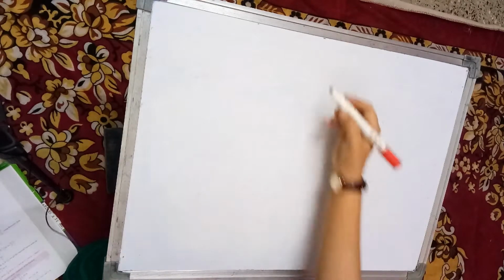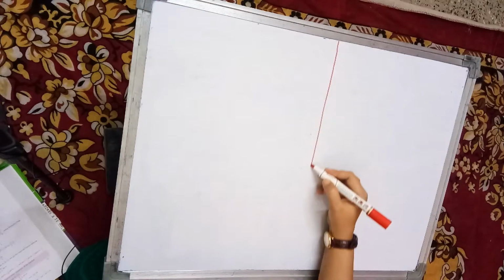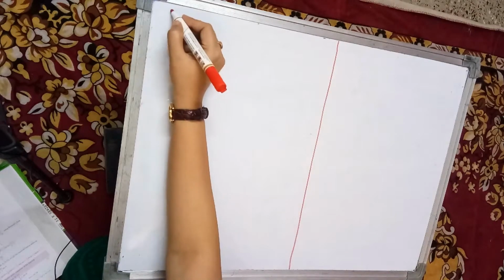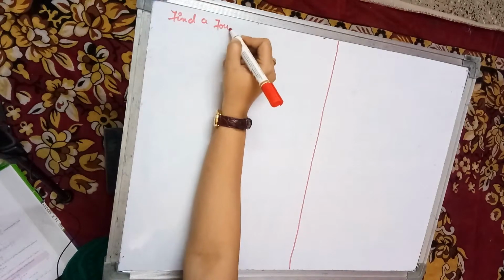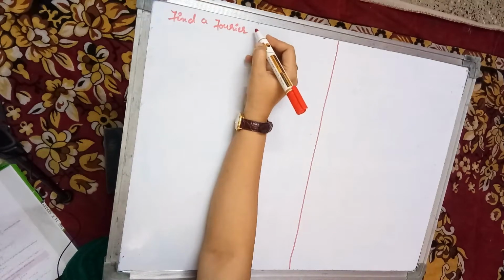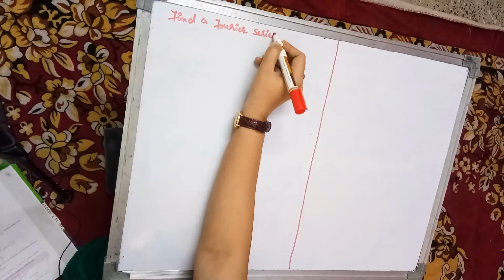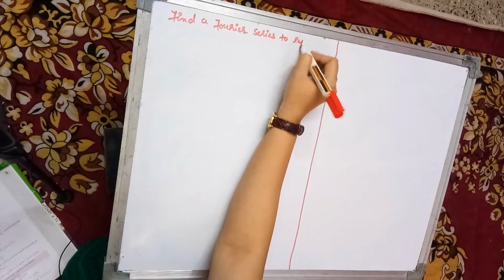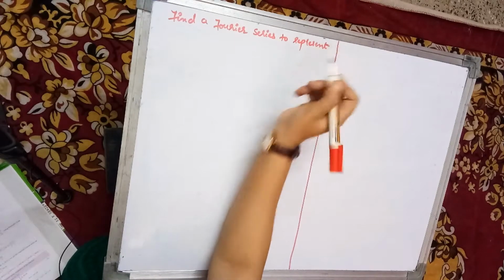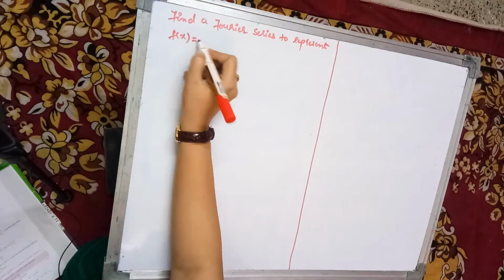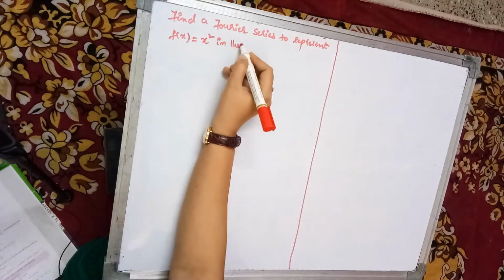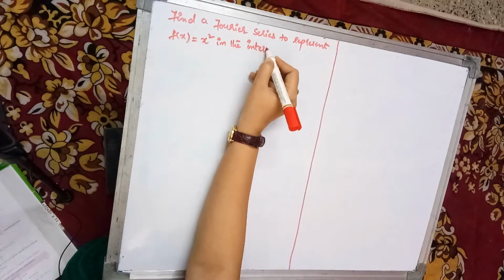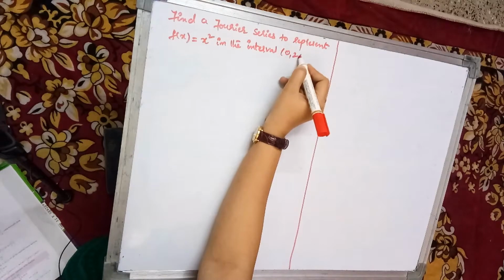So the problem: find a Fourier series to represent f of x is equal to x square in the interval 0 to 2 pi.